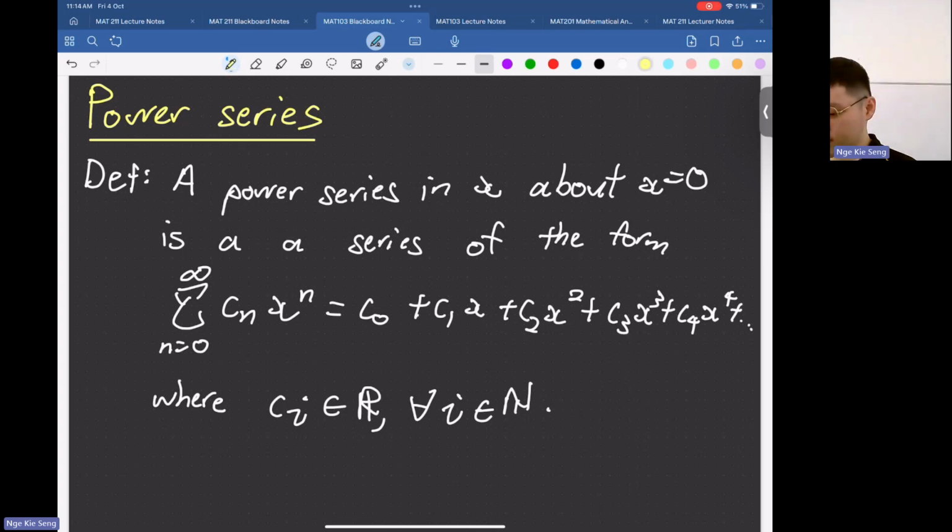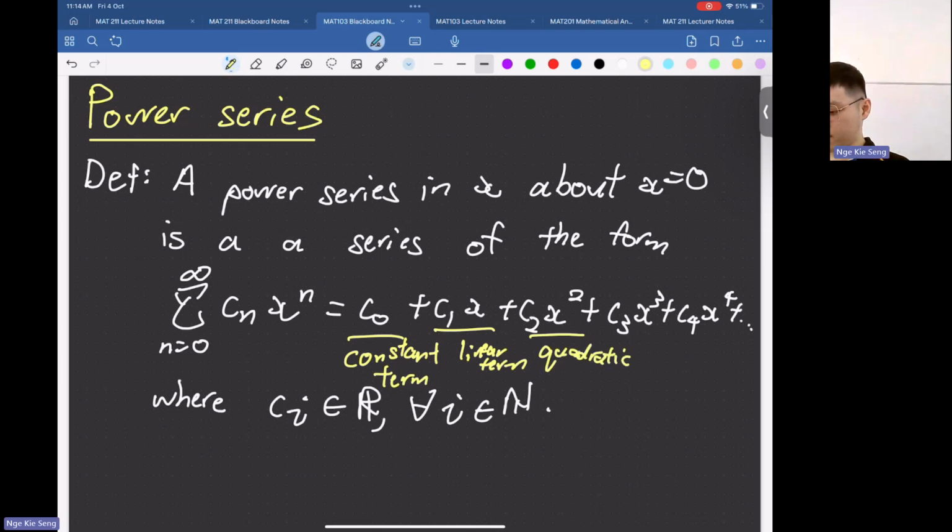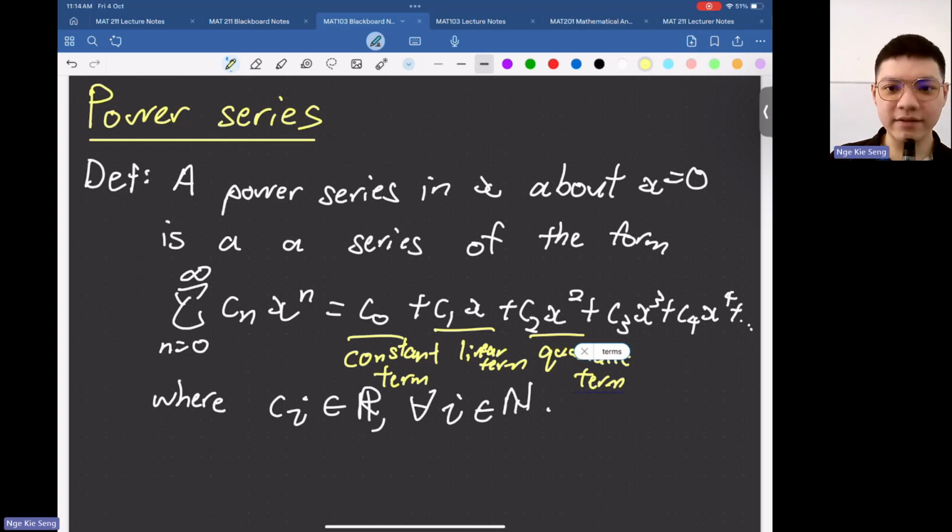You start with a constant term, then the second is a linear term, and then a quadratic term, and so on. Does that make sense? Yeah, so this is called a power series.